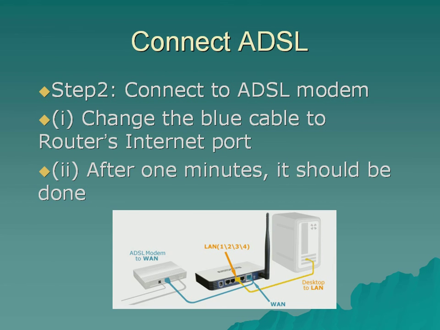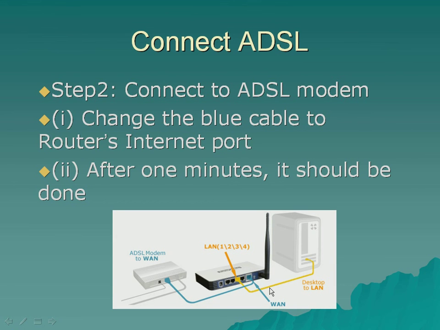So you can change your topology. It means changing the blue Ethernet cable to connect to the internet port. You can choose the yellow cable to connect to the router directly, or to connect to the ADSL modem.